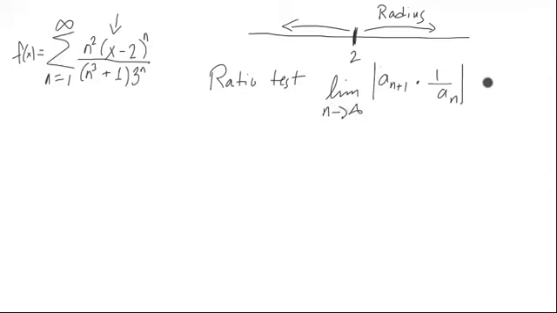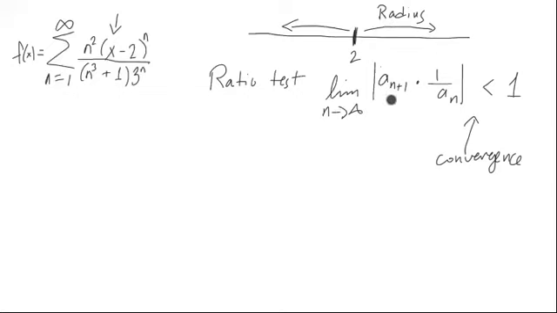If this limit is less than 1, then we're guaranteed convergence. If it's greater than 1, we have divergence. And if it's equal to 1, we don't necessarily know. Equal to 1 will actually give us endpoints, but less than 1 will give us the radius.